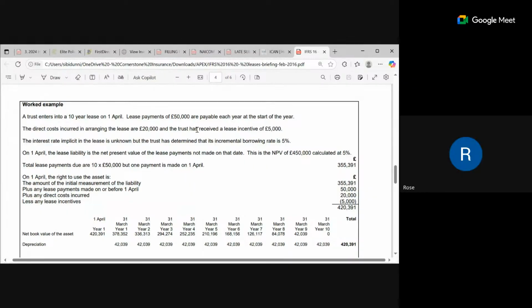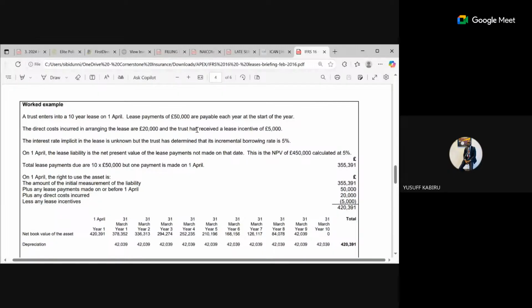0.645. Multiply by 450. 290,074. 290,250. What did you get? 290,250.